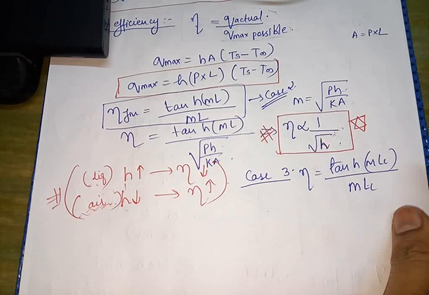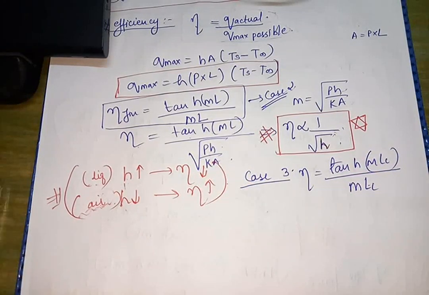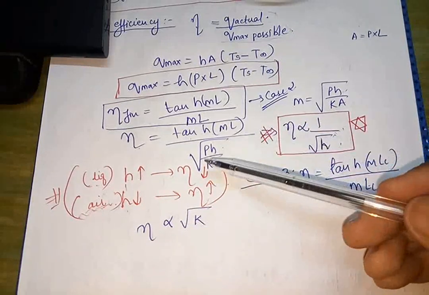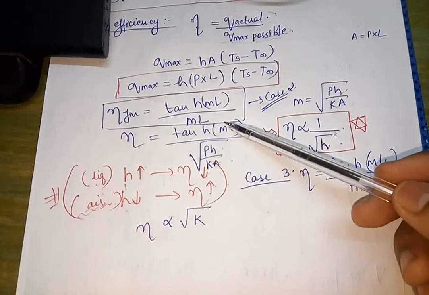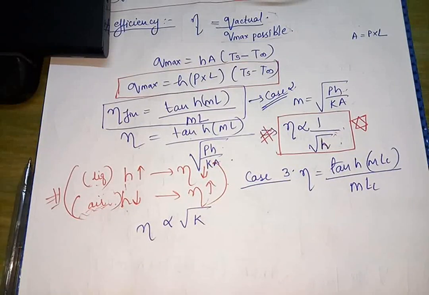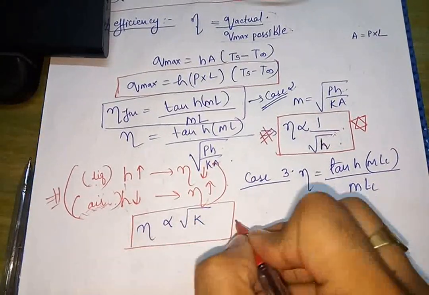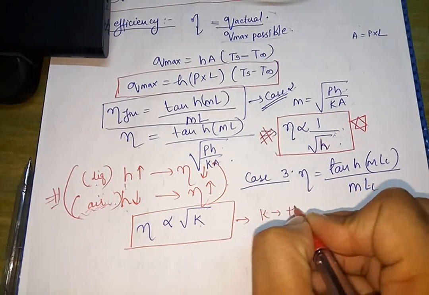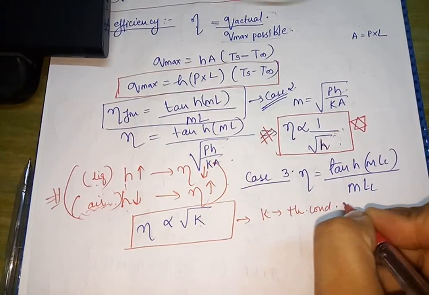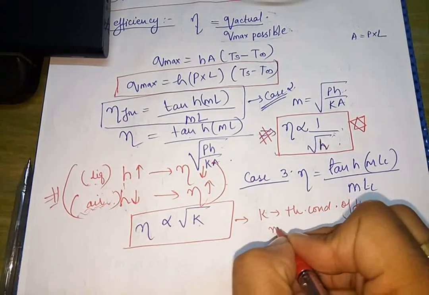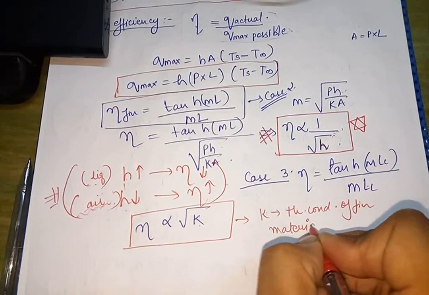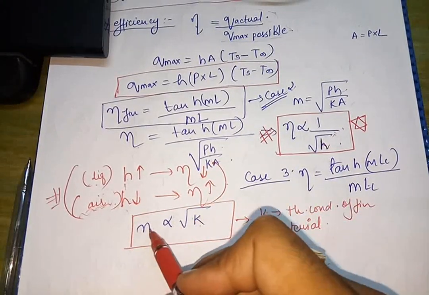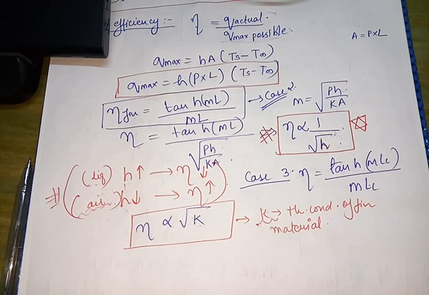We will also see from here that efficiency is directly proportional to under root of k, because this k in the denominator will go up. Here k is the thermal conductivity of the fin material. That is, if the thermal conductivity of the fin material is high, then efficiency is also going to be high.